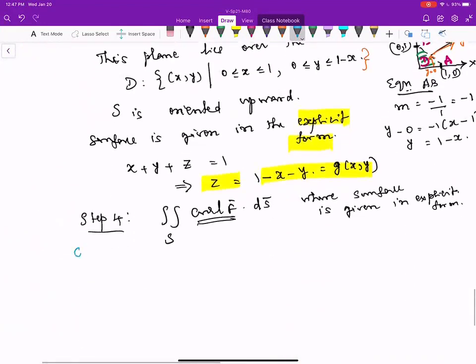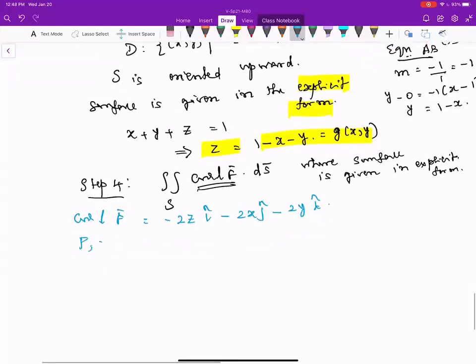So we said earlier, curl F equal to negative 2z i minus 2x j minus 2y k, which means P, Q, R of curl F is negative 2z, negative 2x, negative 2y.